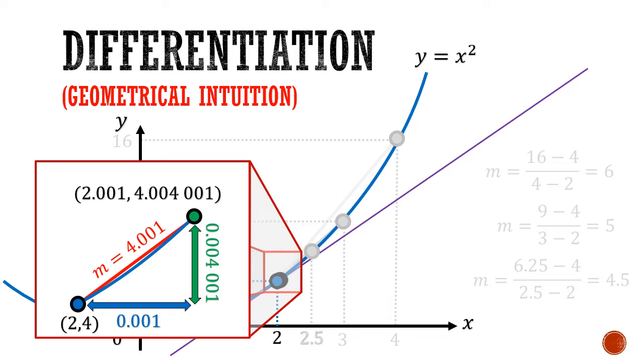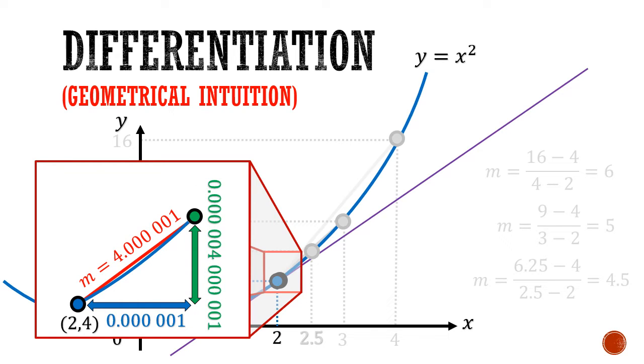So we're getting very close to the answer. And I can continue to shrink that change in x, but what you can notice by now is that m just keeps getting closer and closer to the number 4. In fact, there is no number above 4 that I cannot find a change in x that will give me an estimate of the gradient smaller than that number.